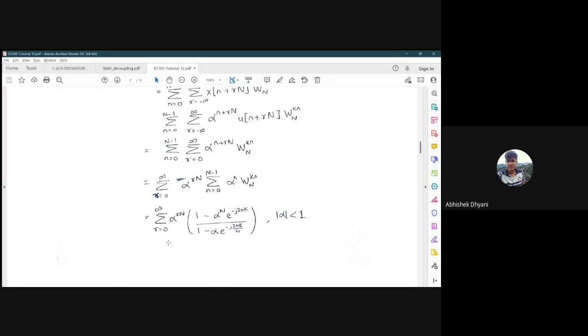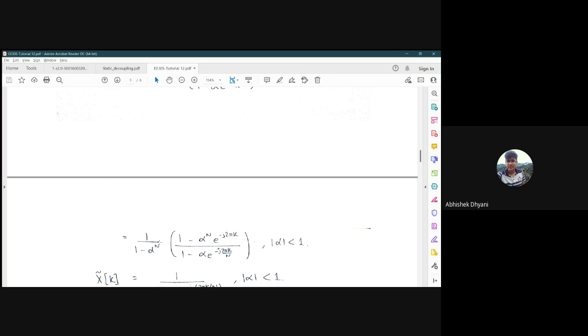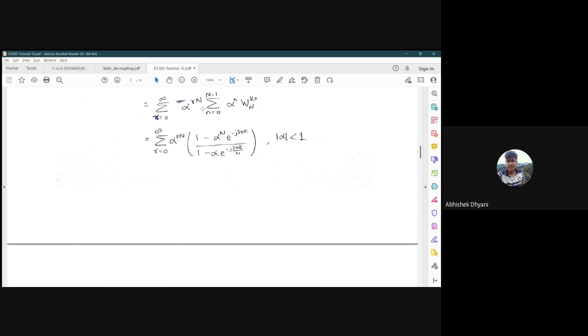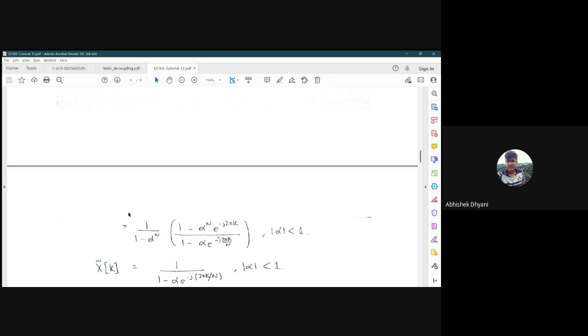We'll get 1 by 1 minus alpha raised to the power n. So this is because of this summation, and this summation will result into this part, and we will finally get this expression where the mod of alpha is less than 1.